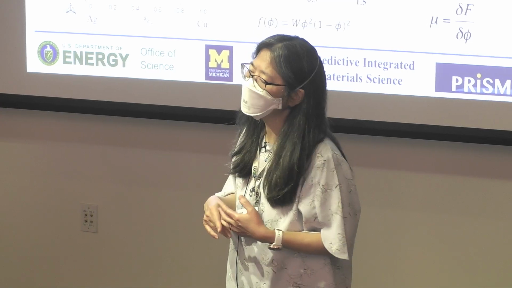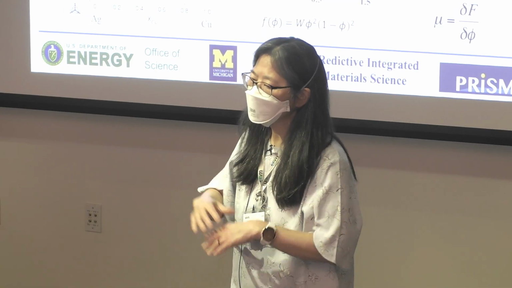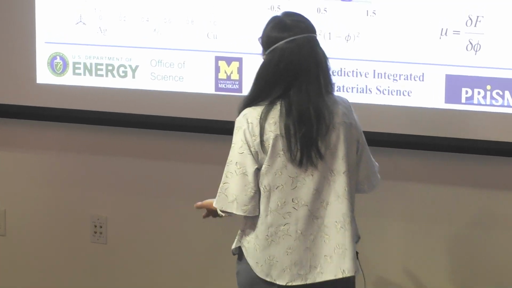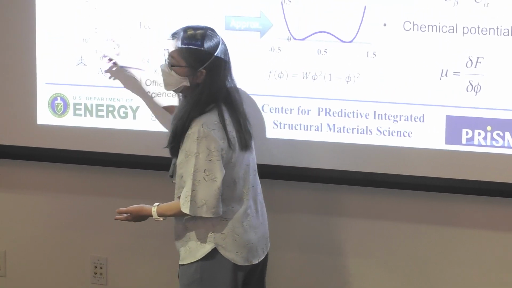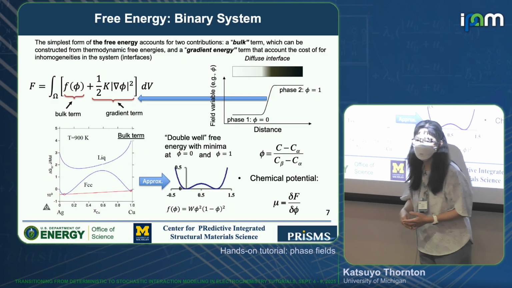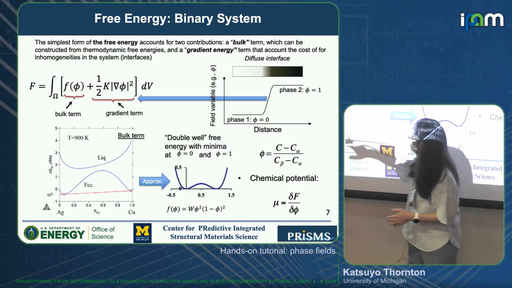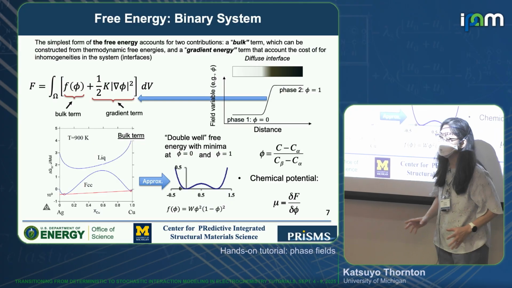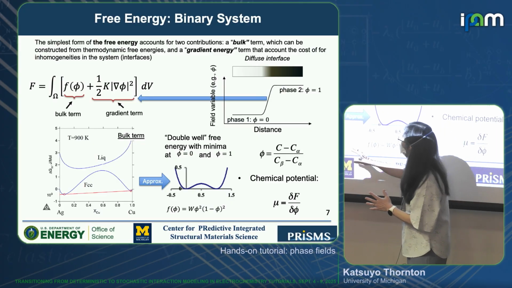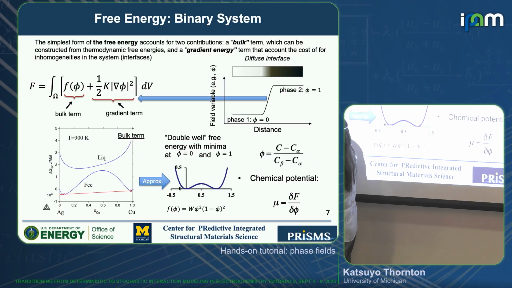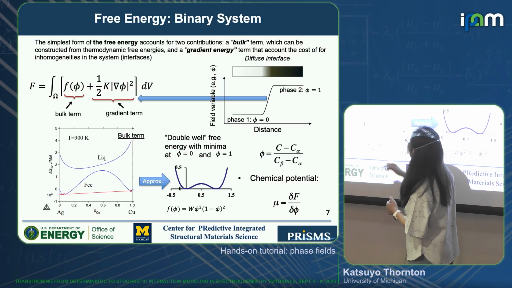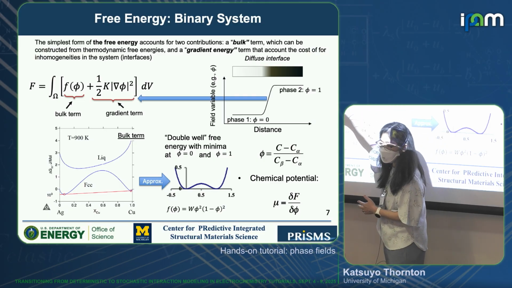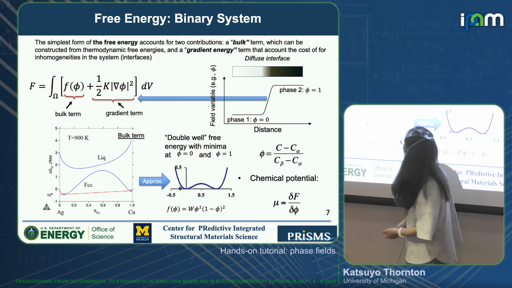It's usually from experiments, and really, they're just reproducing the equilibrium point, instead of really knowing what the shape of this is. But you can still get them from databases, and you can stick this into the bulk free energy term, the free energy density term of the free energy function for the system.